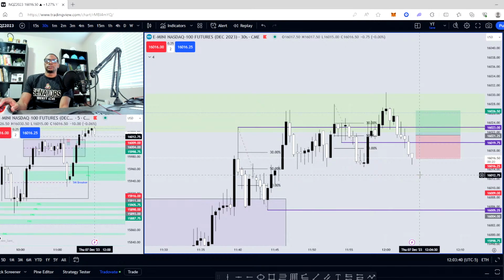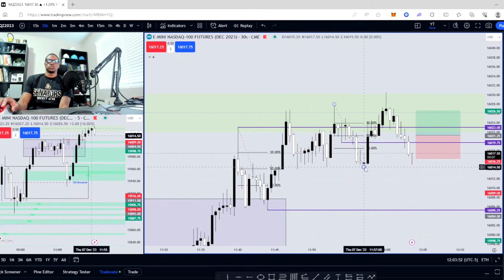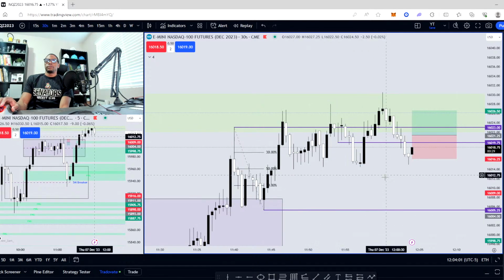I'm human and I have the same emotions like everyone else. I get scared out of trades. I get FOMO and jump into a trade just like everyone else. I've been doing this for a little bit now, so I have it under control, but it still gets me sometimes. So we'll wait for price to move out of this range.